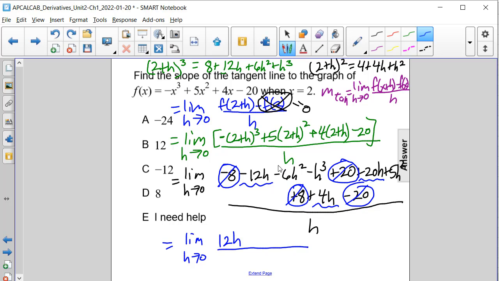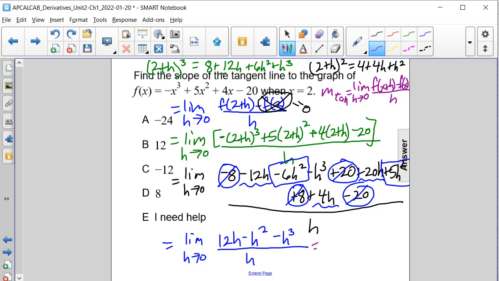and then we have negative 6h squared and a positive 5h squared. So that'll be minus 1h squared, and then minus 1h cubed remaining, all divided by h.